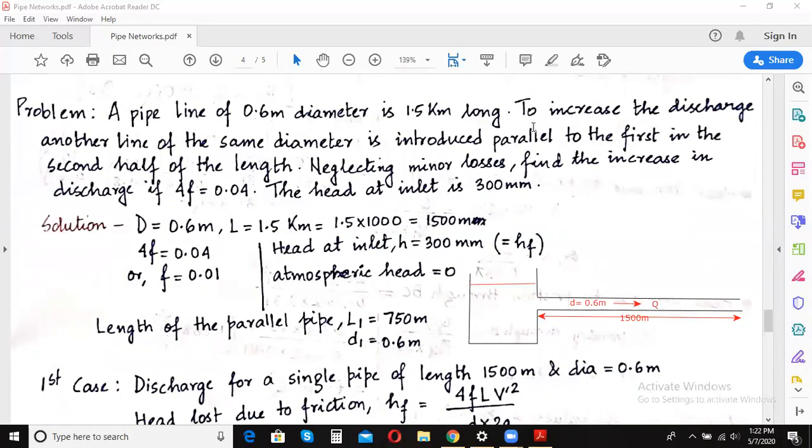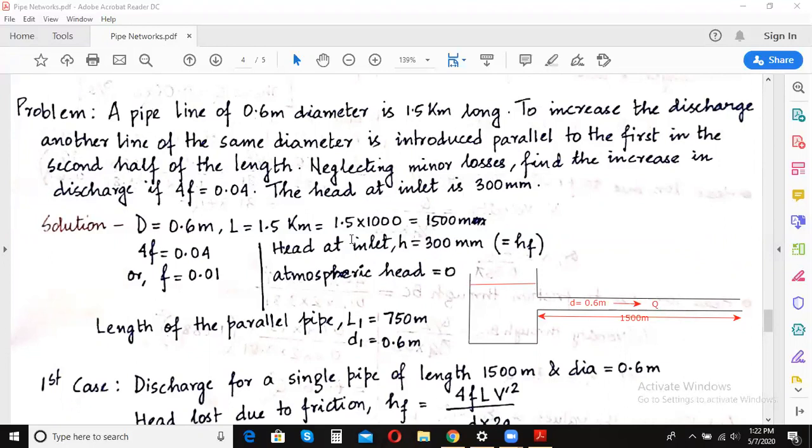To increase the discharge, another line of the same diameter is introduced parallel to the first in the second half of the length. What is the meaning of this statement? In order to increase the discharge, we are connecting a pipe having the same diameter as this pipe parallelly to the first in the second half of the length.